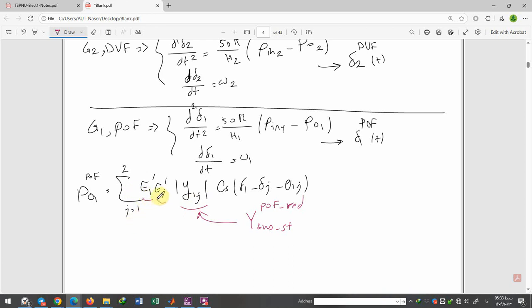E1 prime, Ej prime are as before, but the Yij comes from Y bus stability post-fault reduction.